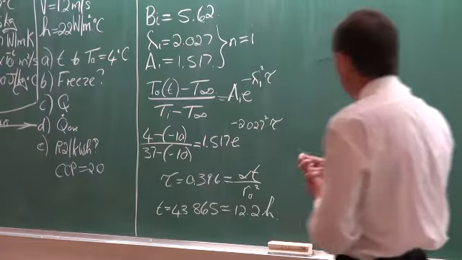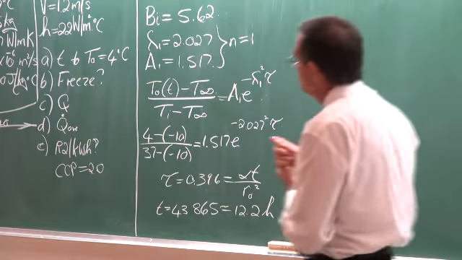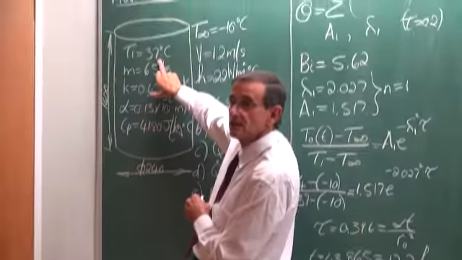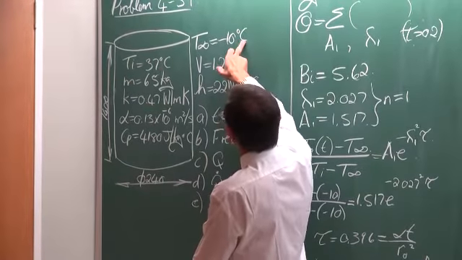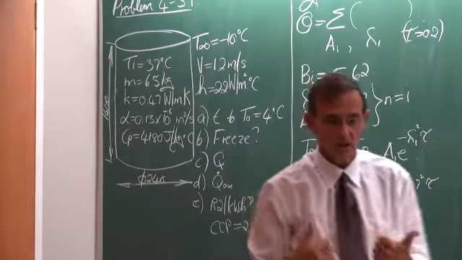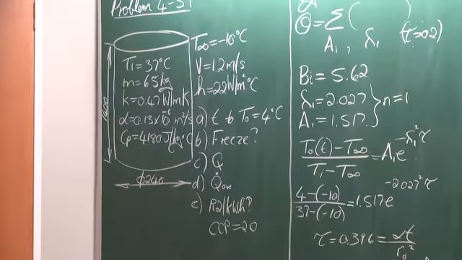And from that, we've determined the time would be about 12.2 hours. So it will be 12.2 hours before this carcass, which is at 37 degrees Celsius, with an outside temperature of minus 10, will be cooled so that the center temperature is 4 degrees Celsius. Right, so that's the first part of the question. Let's do the rest.